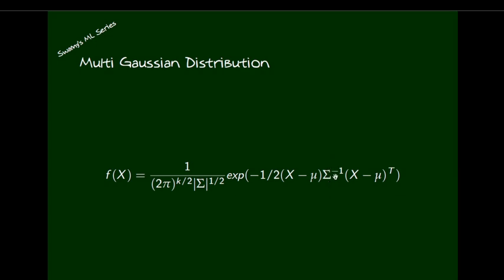So sigma raised to minus 1 is simply a matrix representation. x minus mu into sigma raised to minus 1 into x minus mu transpose. This is a matrix representation of that power in the ordinary definition of probability density function of normal distribution. So this is the multi-Gaussian distribution probability density function.